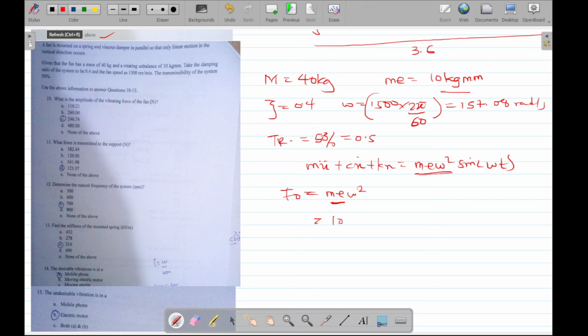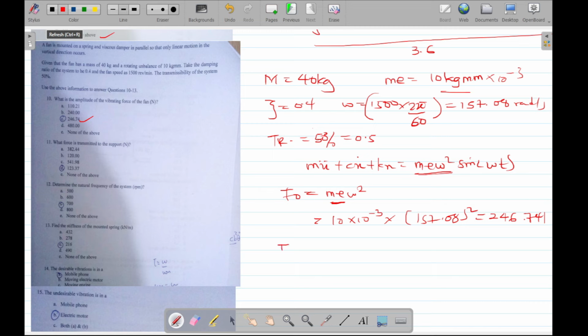So we have 10 kilogram, this is multiplying, so just multiply by 10⁻³ times 10⁻³, multiplying omega squared, which is 157.08 squared, and that gives us 246.741. So we have 246.74 right there.